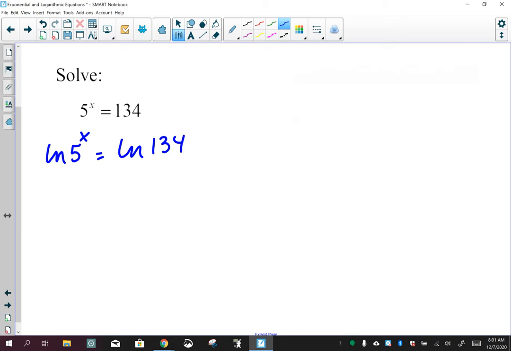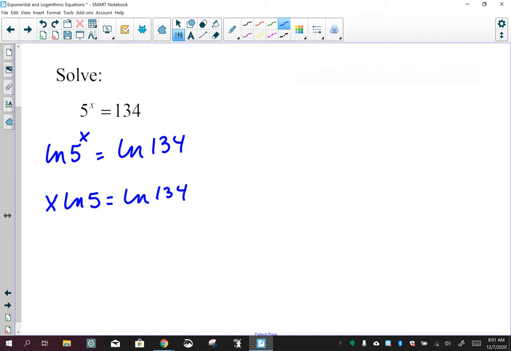So now I can start applying properties and I can undo this piece right here, which is what I want. I have a property that says if I have an exponent, that exponent comes down into the front. So then I say that x natural log of 5 is equal to the natural log of 134. Now, what you have to remember is this natural log of 5 is actually a number, so treat it like a coefficient.